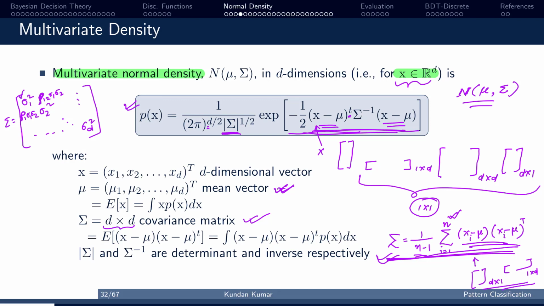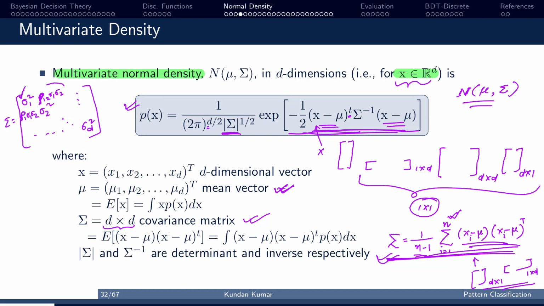Like one example you can consider, sigma 1 square is the variance of the feature component x1 in the d-dimensional feature space. Similarly for the other diagonal elements.